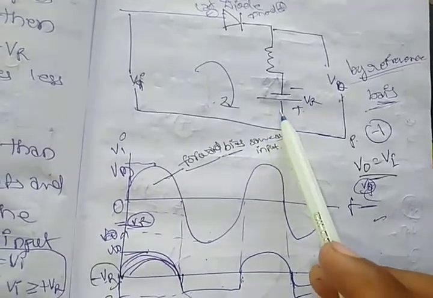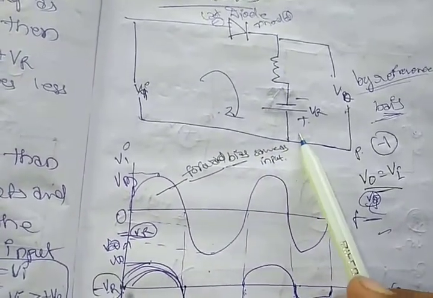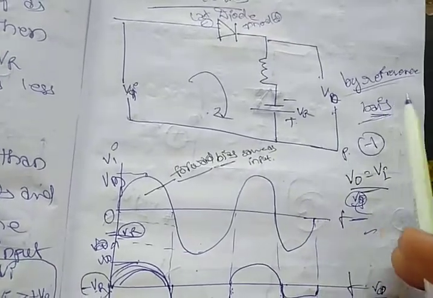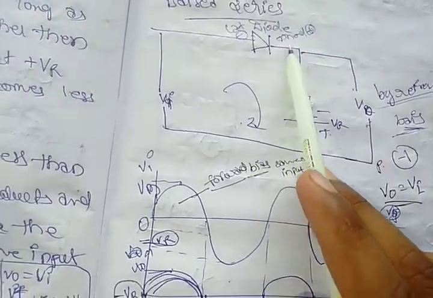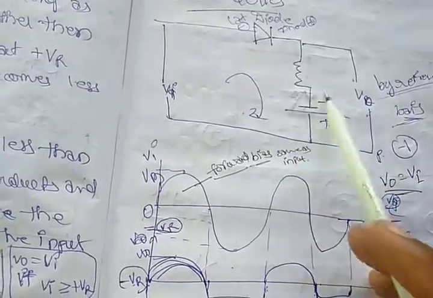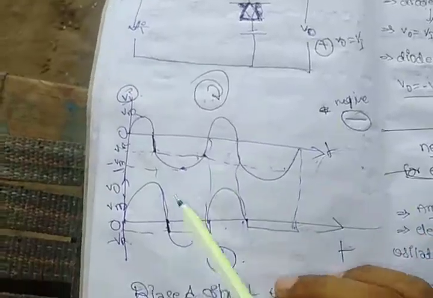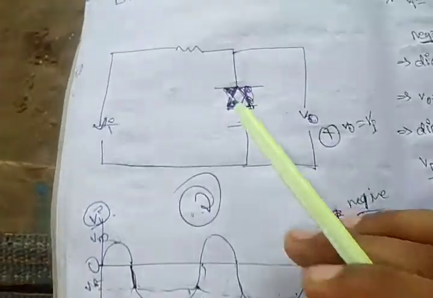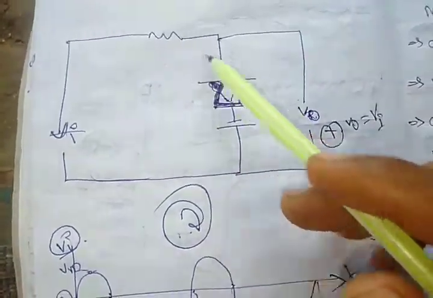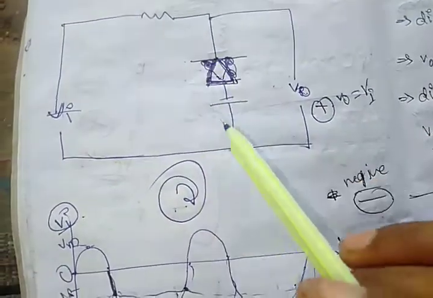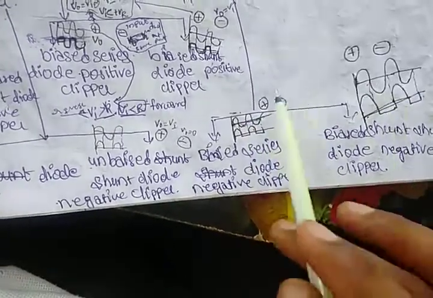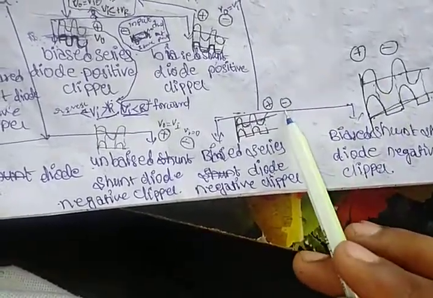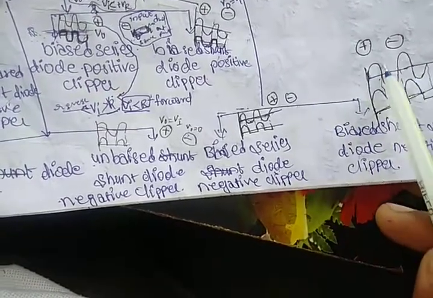Here VR is the reference, and it works by reference bias, with a diode and a resistor. The biased shunt is also the same, and it will be replaced by a resistor and a diode. Totally, the two waveforms are the same in positive and negative.